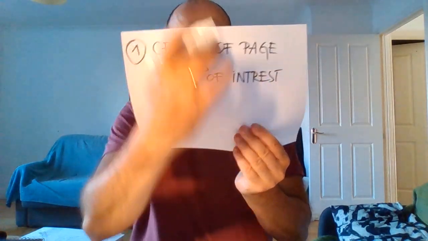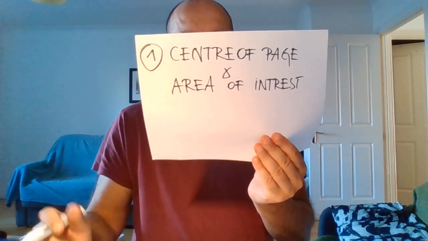Just the first step, it will be the center of the page and area of interest. Yeah, so center of the page, as you remember, the cross and the area of interest.